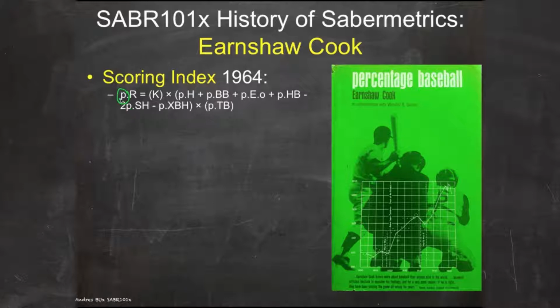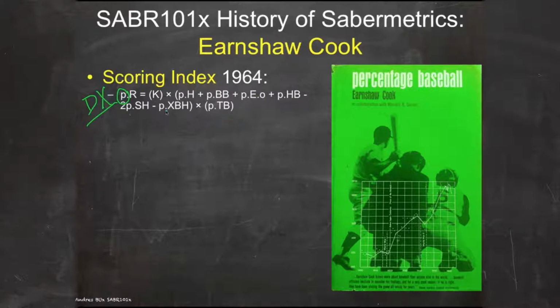So the whole scoring index, and he calls this DX, his little abbreviation for scoring indexes. P stands for probability. So the probability that you score a run is given by the scoring index. And it involves a constant multiplied by a term which includes the probability of getting a hit, the probability of getting a walk, the probability of reaching on an error, probability of hit by pitch.